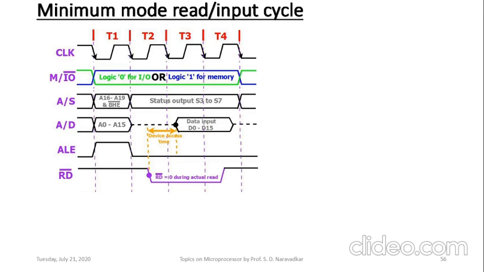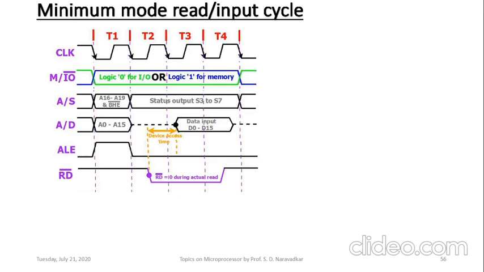In yellow color it is shown in this particular timing diagram. It means that device has been prompted to perform a read operation by read bar equal to 0 somewhere in T2, and the device responds and places data on the data bus somewhere in T3 state here. So this particular time lag is called a device access time.